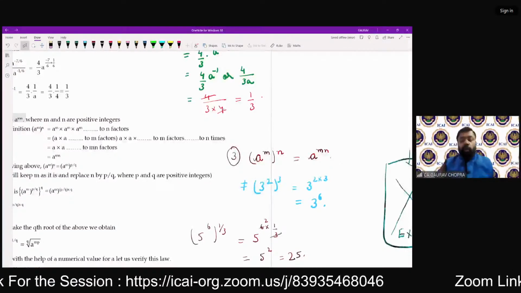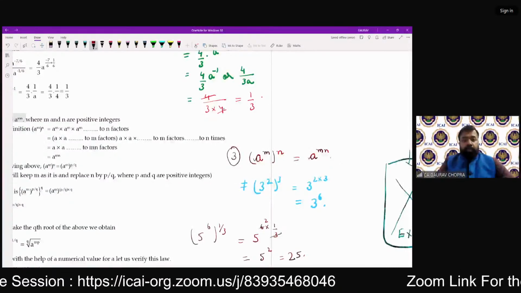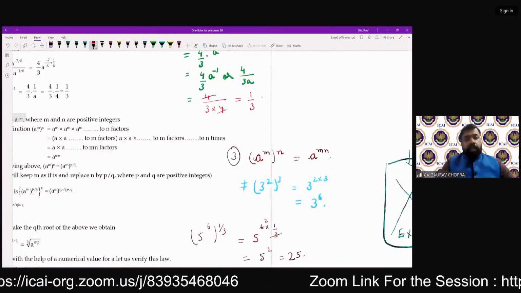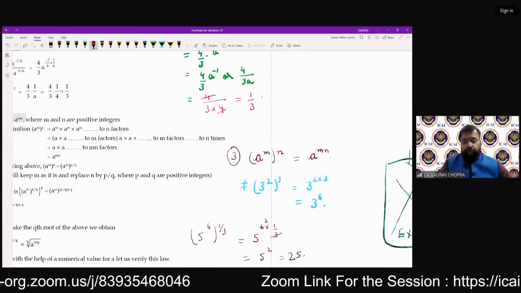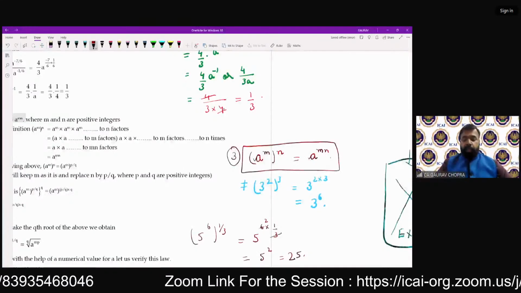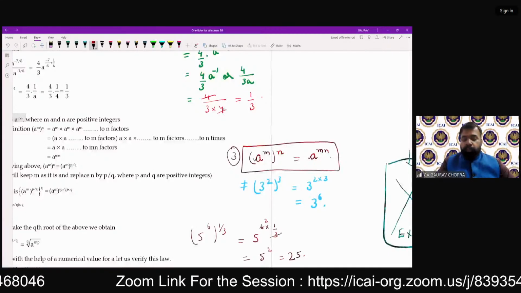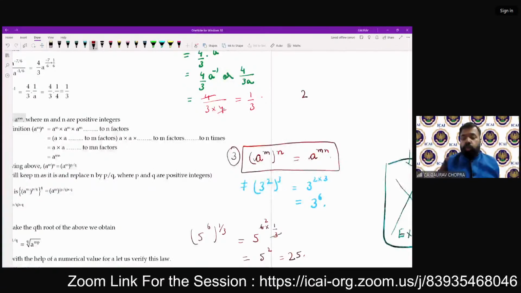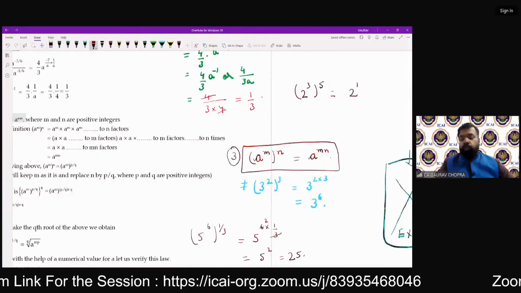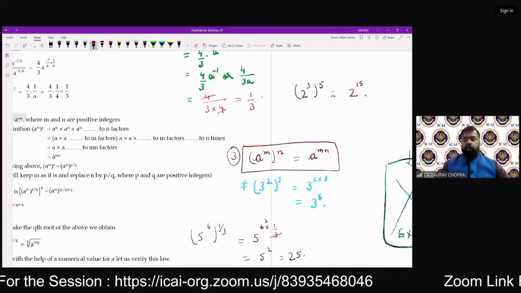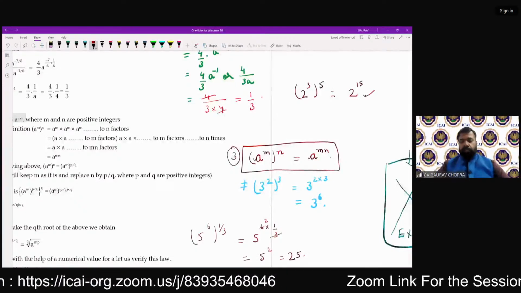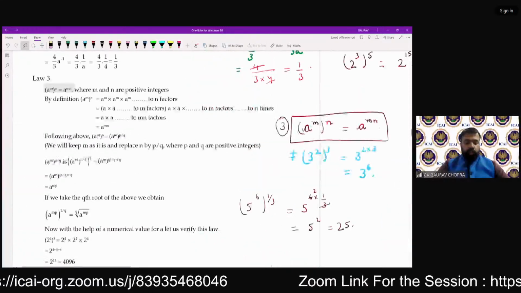There is another power on top of the power: a to the power of m, and on this whole number there is a power of n. So in such a case, what to do? Both powers will be multiplied, so it will result into a to the power of mn. So if we have given 2 cube whole to the power of 5, it means 2 to the power of 15. This is law number 3.